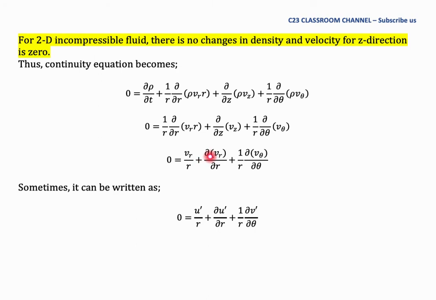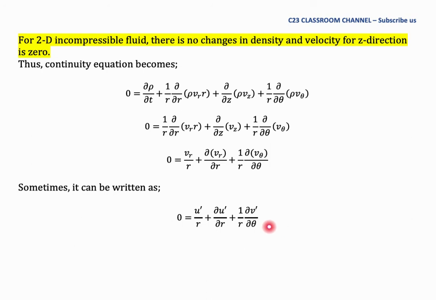So we have del Vr over dr plus 1 over r del V theta over d theta. Okay, so this is the final equation for continuity equation for 2D and incompressible fluid.